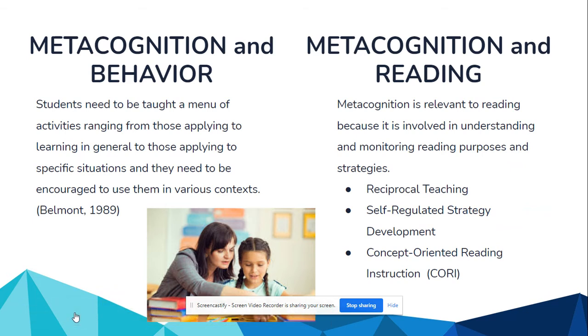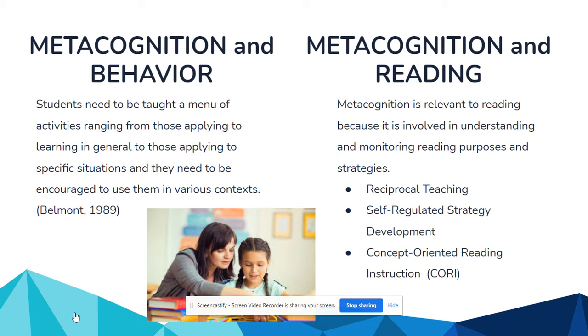On this slide, we're going to take a brief look at metacognition and its relation to behavior, and then metacognition and reading and comprehension. Students need to be taught a menu of activities ranging from those applying to learning in general to those applying to specific situations, and they need to be encouraged to use them in various contexts.